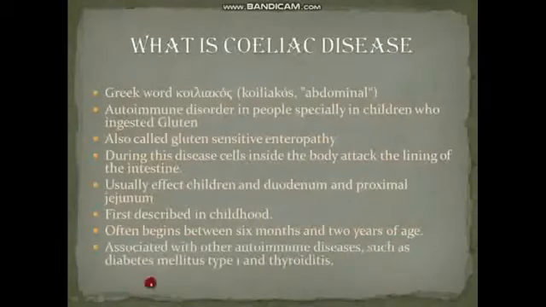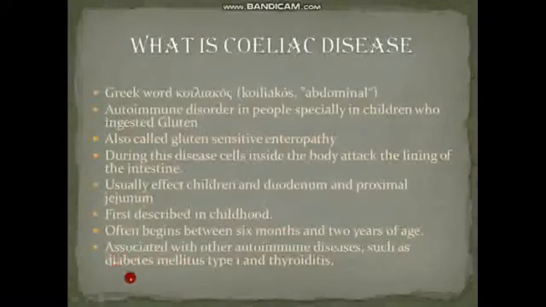Then the next point says that celiac disease is associated with other autoimmune diseases. As I told you, it is an autoimmune disease, so it can be associated with other autoimmune diseases, such as diabetes mellitus type 1. During this disease, the pancreas is unable to produce insulin.